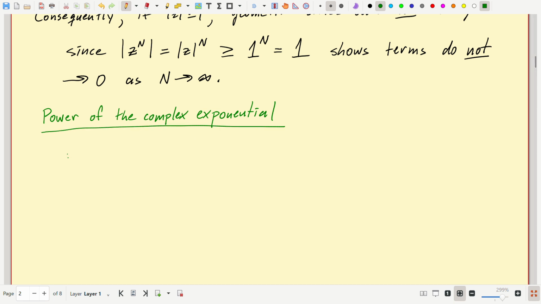So remember, de Moivre's formula is that e to the i theta to the nth power is e to the i n theta, and that's cosine n theta plus i sine n theta.